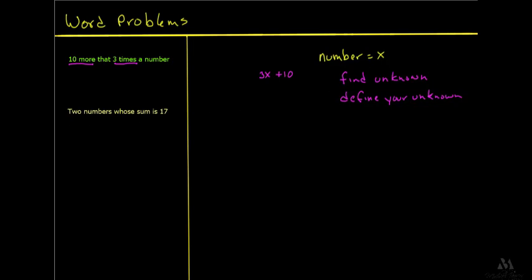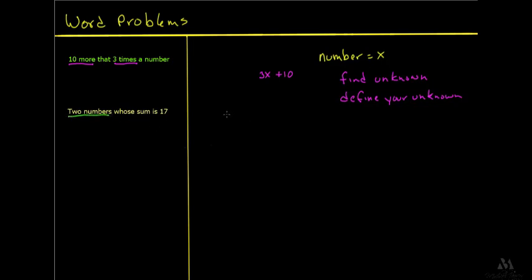Let's take a look at this one. 2 numbers whose sum is 17. Now, anytime you want to try to just work on these on your own, feel free to pause the video and give it a try. 2 numbers whose sum is 17. So I look at this and I see 2 things. First of all, here's what we don't know, those 2 numbers.